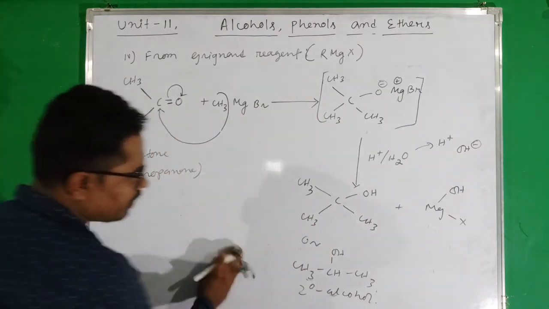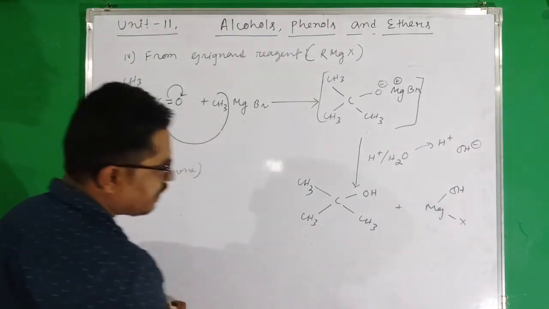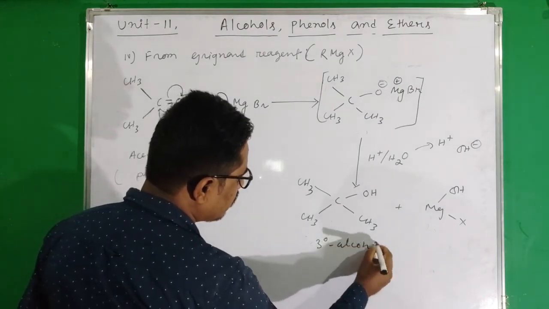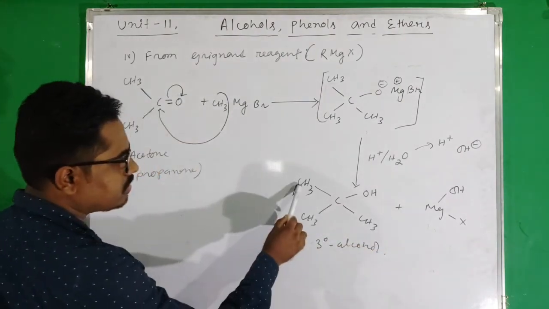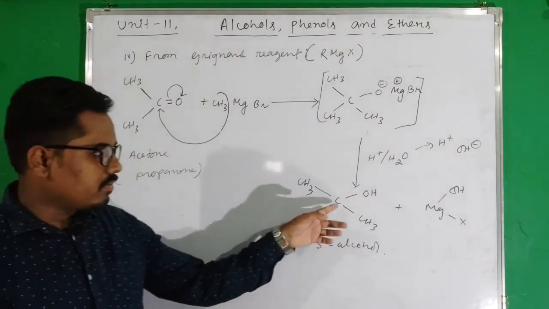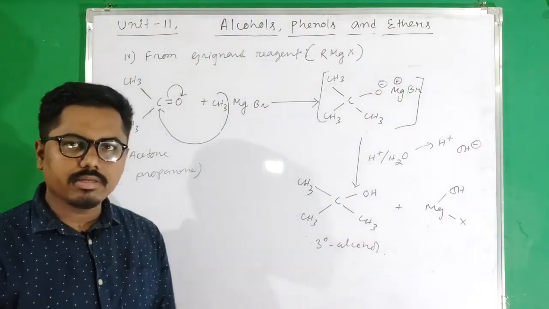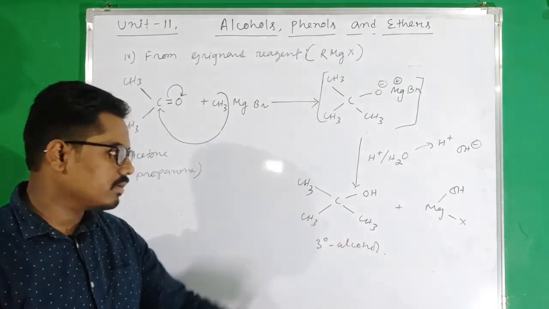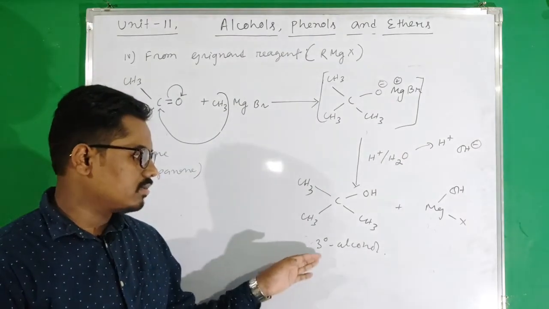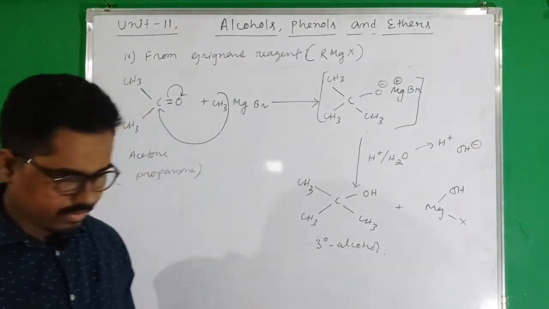Okay, and we will get a tertiary alcohol. Okay, CH3, CH3, CH3, all these CH3 are attached with this carbon atom to which the OH group is attached, and therefore this carbon is a tertiary carbon, and the result is a tertiary alcohol.